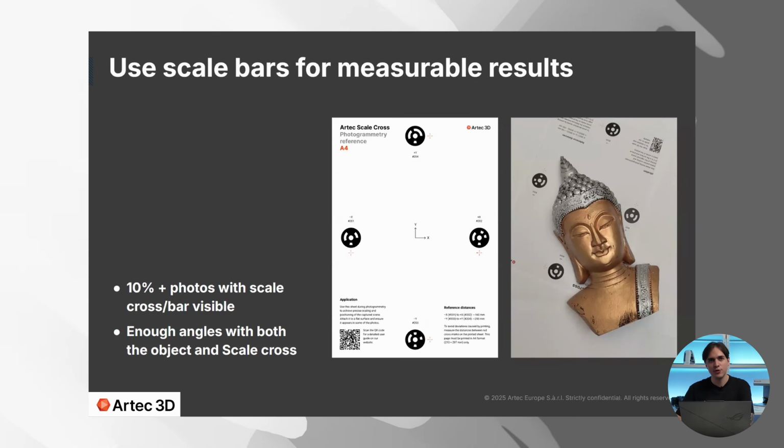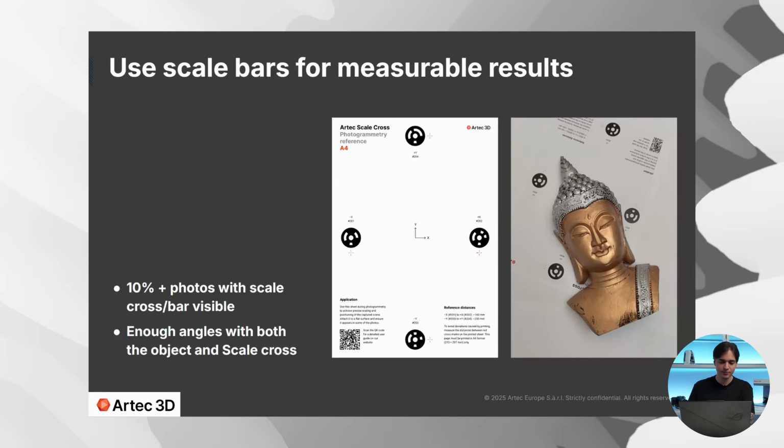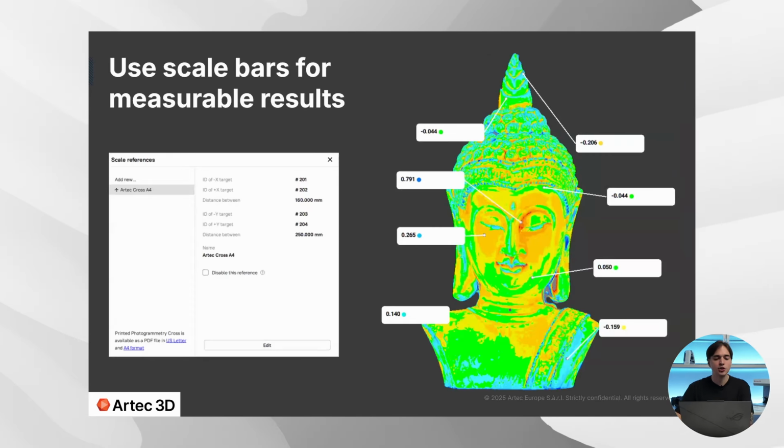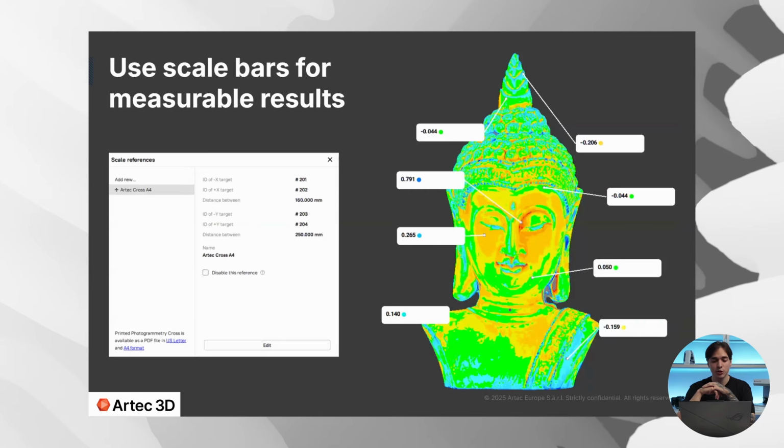So yeah, you need to have enough angles with both the object and scale cross present in those photos to get a nice measurable result. So here on this slide, you could see an image of a color map, which has been created as a comparison between our photogrammetry model and the model created with a laser metrological scanner.